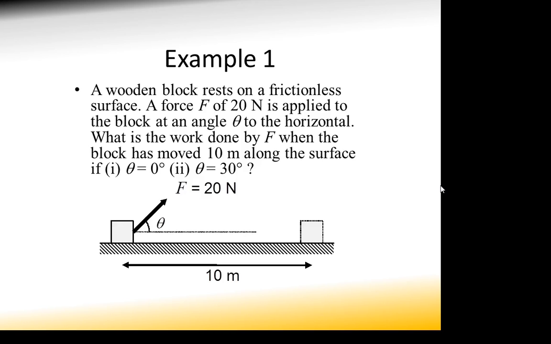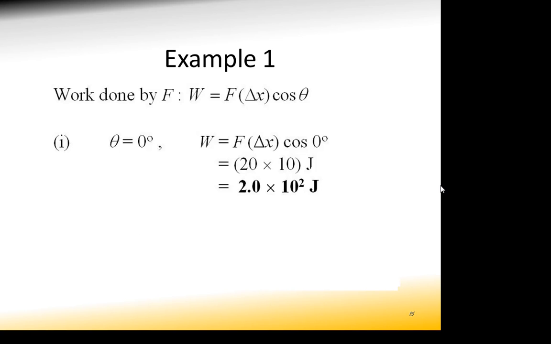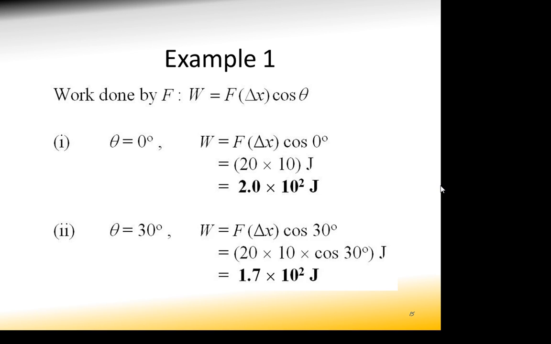For angle equals 0, straight away you should get 20 times 10, 200 joules, but express it in standard form. The other one, if you substitute into the formula, F cosine theta.